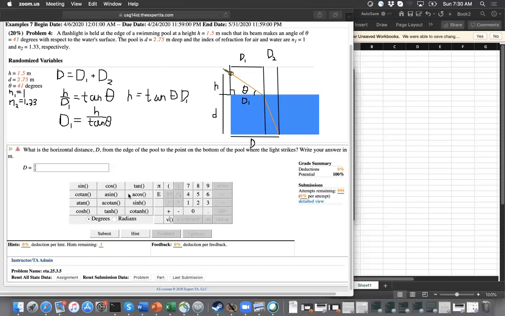Okay, and these are both parameters we know, so we can actually do that calculation.